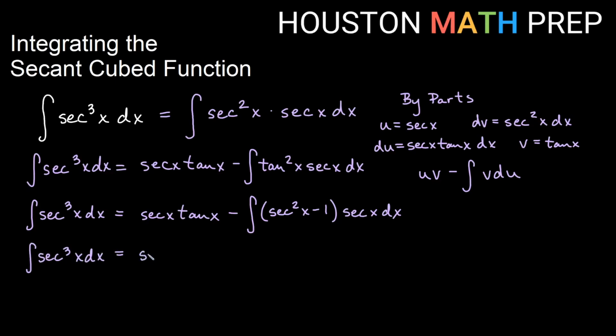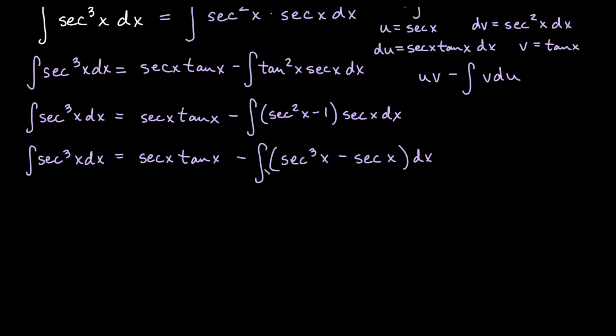So we get secant x tan x minus the integral of secant cubed x minus secant x dx. I'm going to split these up and do one more step so that hopefully you can see what is occurring from here on out.